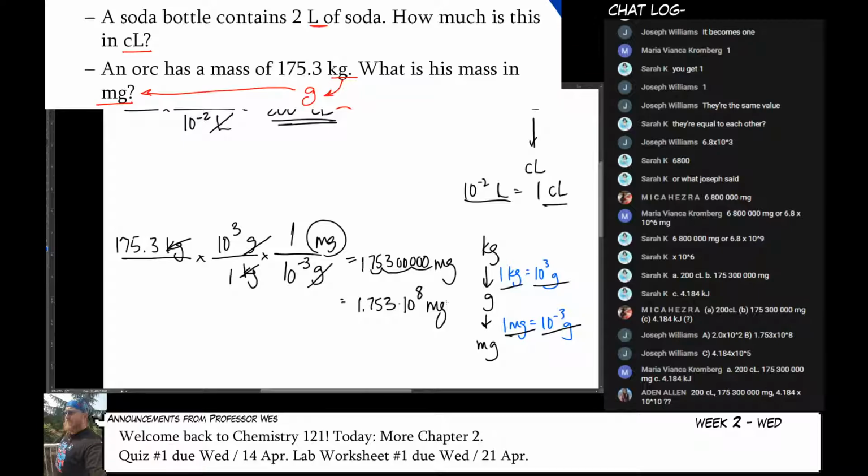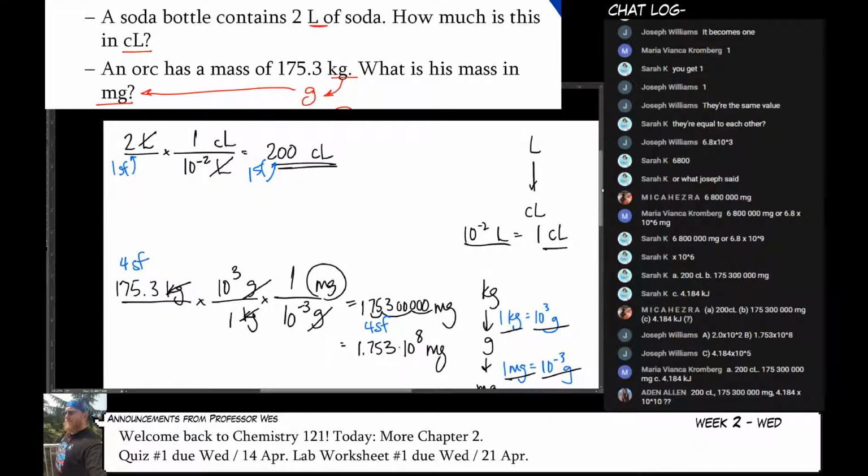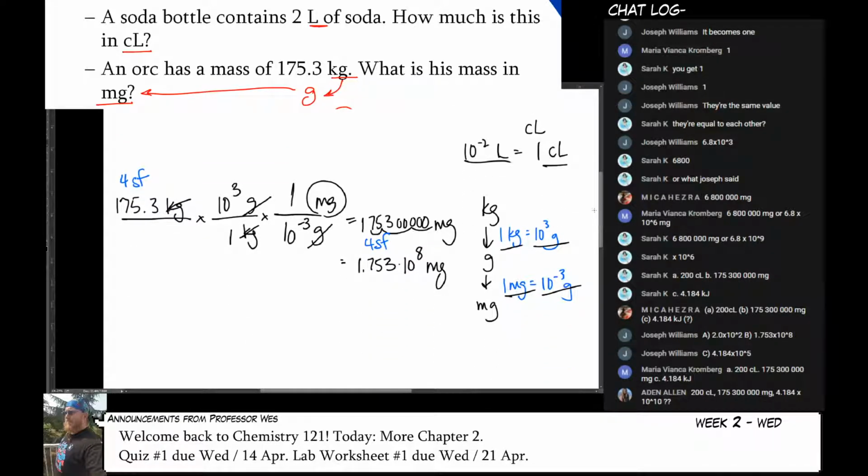There we go. And then we can check for sig figs. I've sort of been doing that automatically. Up here, this only had one sig fig because of this number here. So let me just scroll that up real quick. There you go. And so this number is correct as written. So we're good.